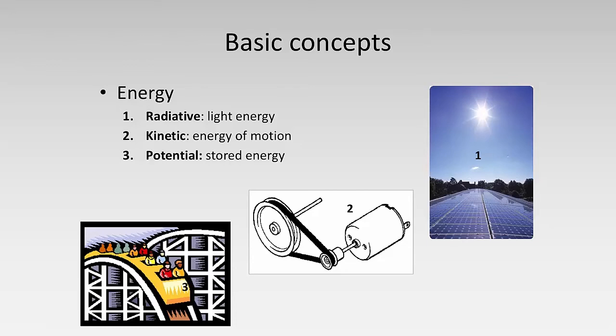It accelerates, it speeds up. Where does it get that kinetic energy? Well, it had stored energy, potential energy at the top of its path, and that again can be changed into kinetic energy. So we're just introducing some concepts here that are going to help us as we move along. We'll explain them a little further as we do go along.